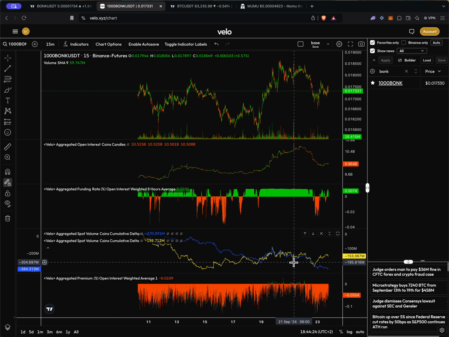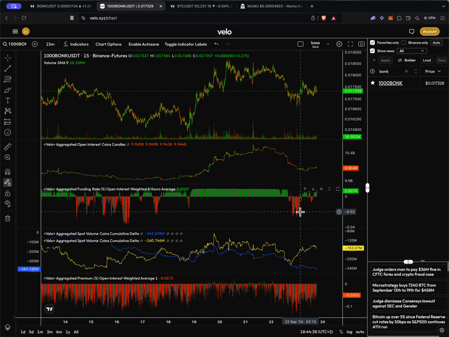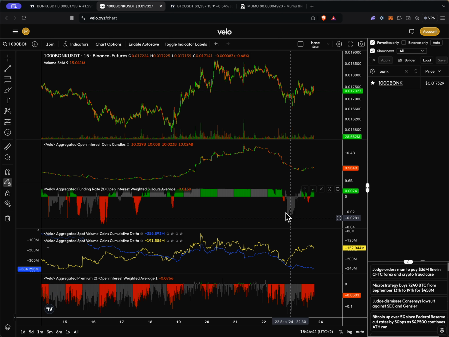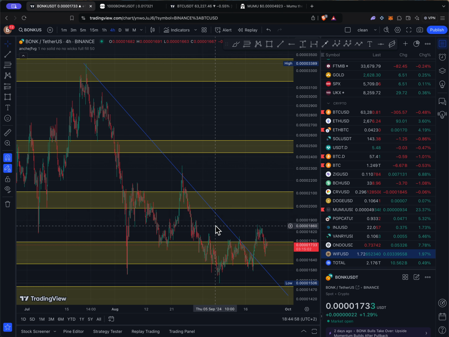So I normally try to place myself alongside institutions, so I get profits with them and then retail takes the losses. People FOMOing in, and here probably there has been quite some FOMO in. Here also there has been a bit of short liquidation going with this move up. And a bit spot driven, but from Velo data, I don't like it.